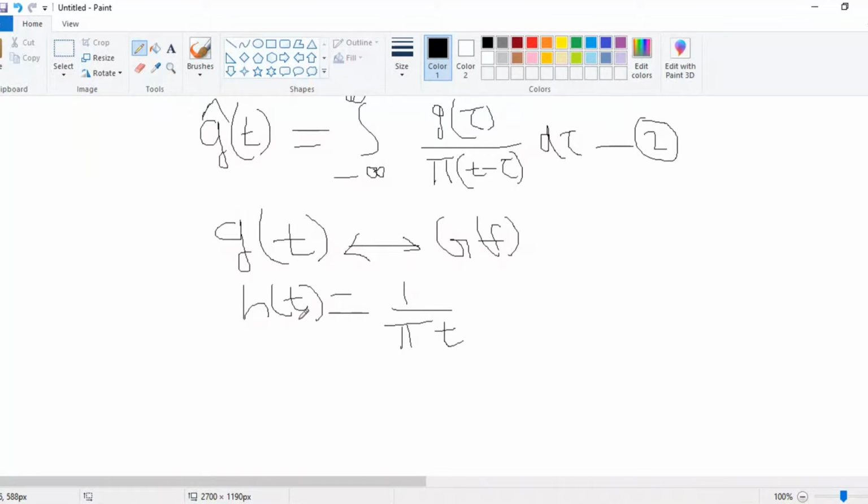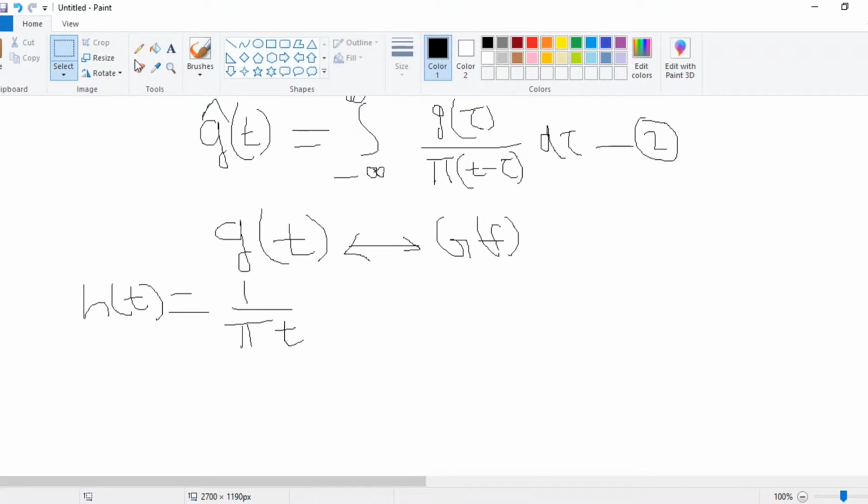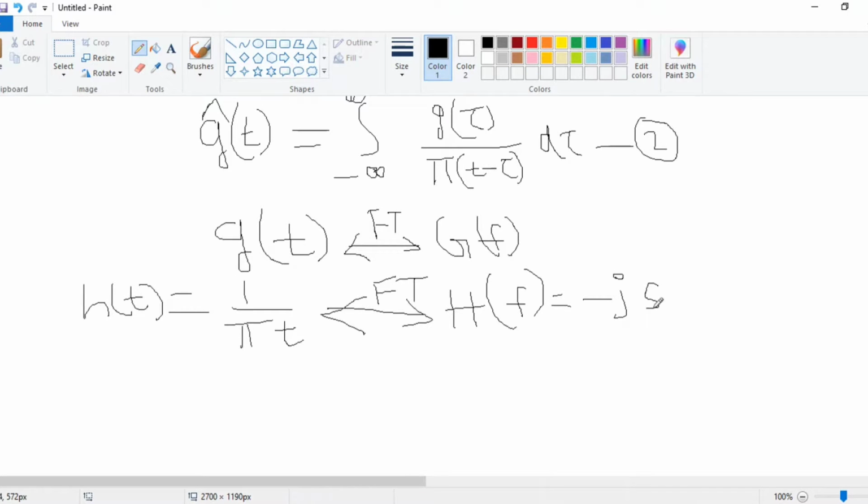So h of t will be equal to 1 by pi t. For this, the Fourier transform, whenever I write the signal in terms of g of f, it means that I have applied Fourier transform to that signal. For this it will be h of f, which will be equal to, always this function is fixed, minus j signum of f.